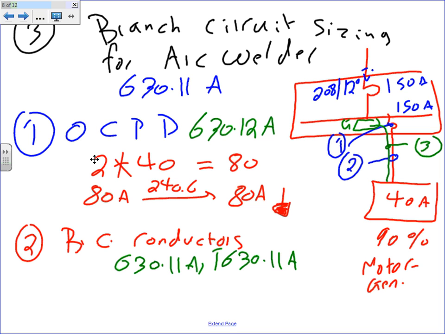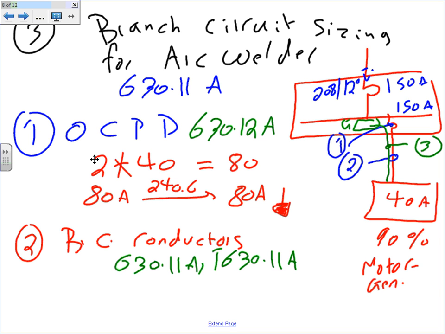This is okay to a point. Now let's go size. This is how the overcurrent protection device is going to be sized so far. That's easy, 2 times 40. And Chris, I didn't modify the 40 at all.